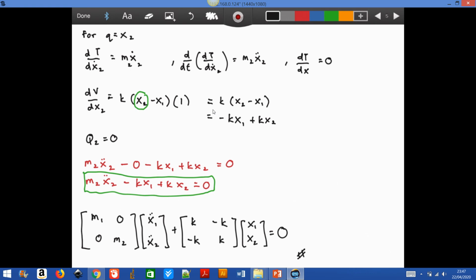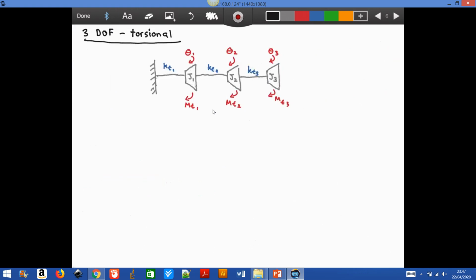Alright, so we have looked at two examples of translational vibration. How about torsional vibration? I'm going to show you how we're going to do it. It's actually the same, it's just the term of the Q here.